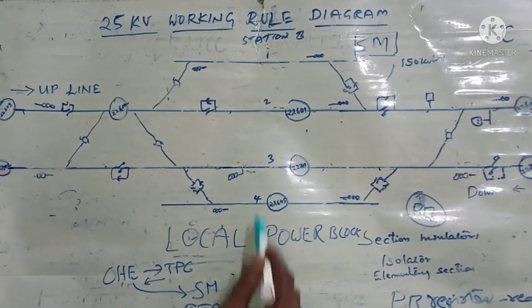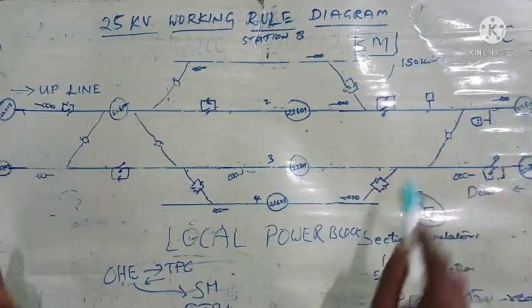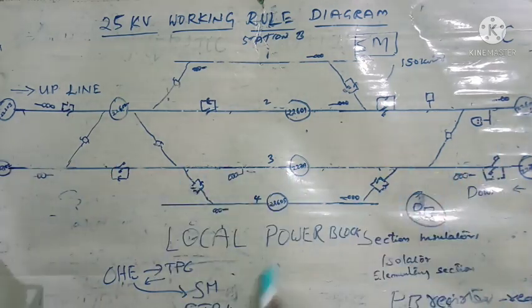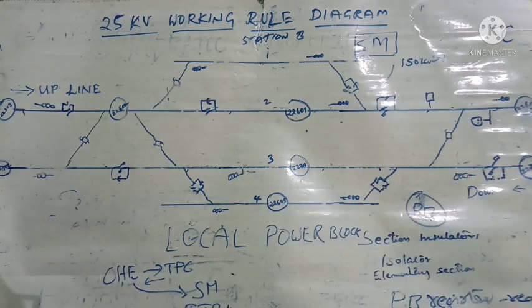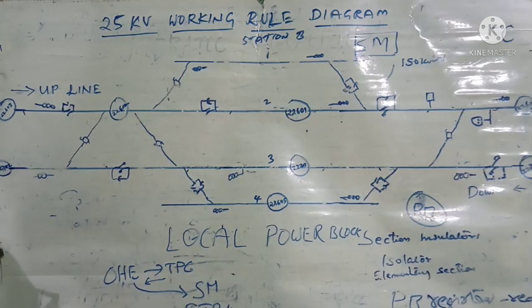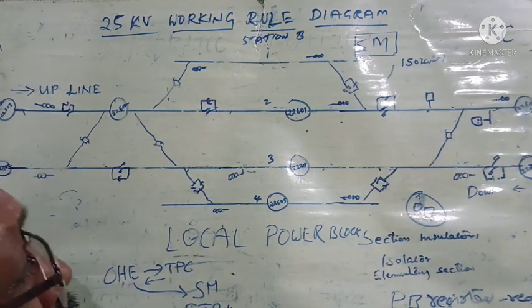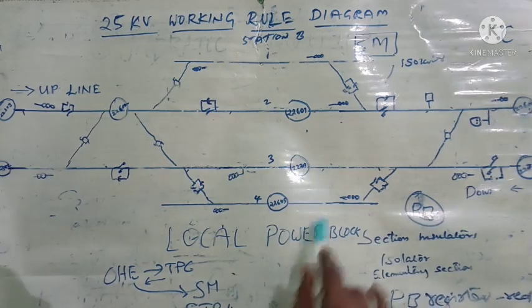So when it is cancelled, the OH staff will close these isolators and power will be resumed. He will inform the TPCs that the power block has been cancelled from so and so time. The OH staff will inform the station master also that the power block has been cancelled. So that message will also be in ETR4.